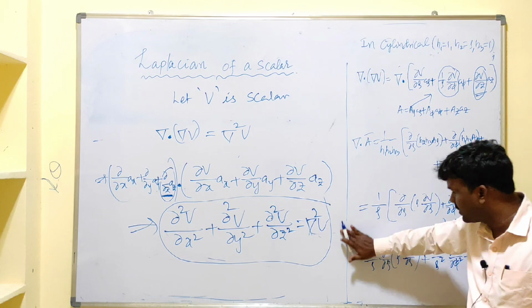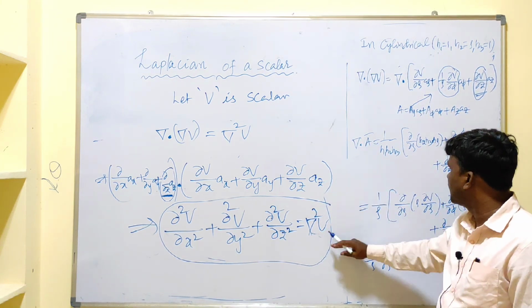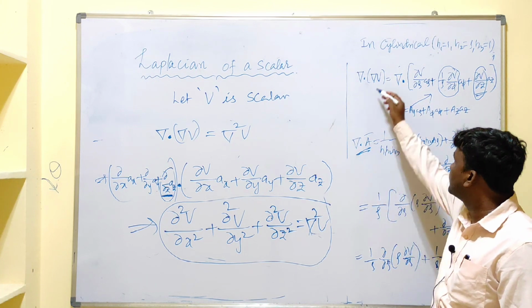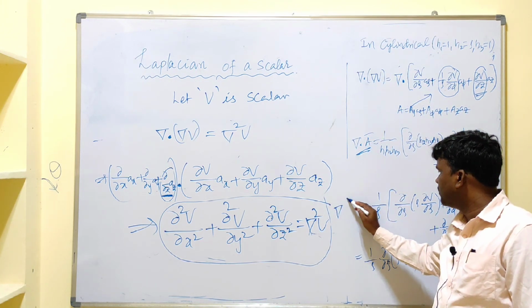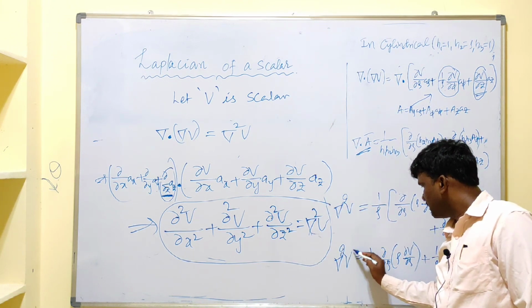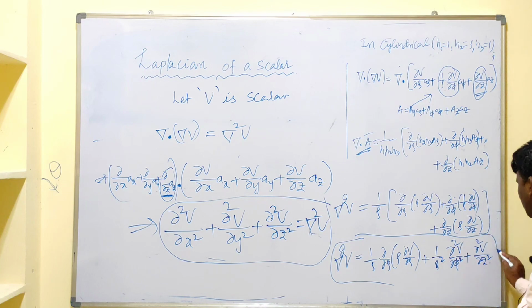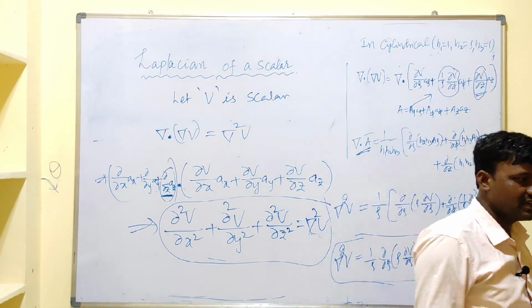This is all about del dot A bar. Here I am writing del dot A bar, if it is applicable to that, A bar is your del V, then you got del squared V. So therefore del squared V in the cylindrical coordinate system is like this. Okay, this is all about the derivation in the cylindrical coordinate system.